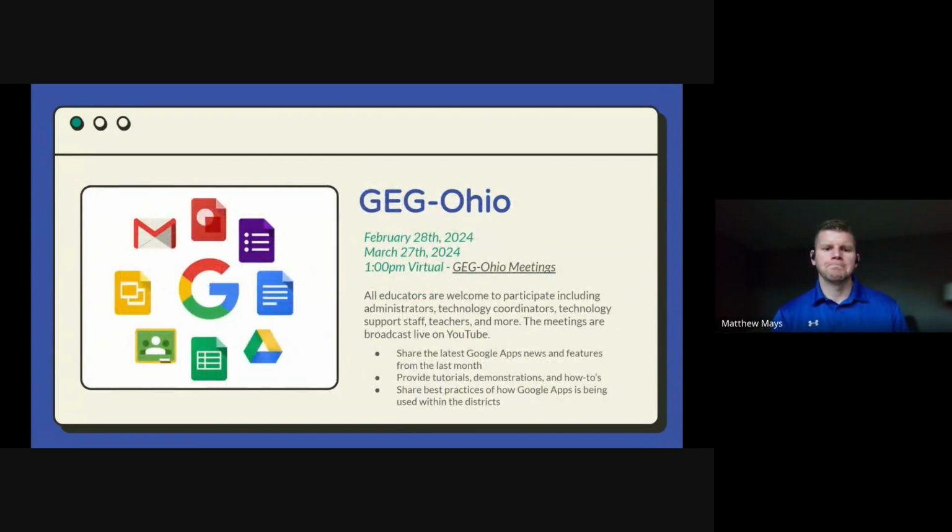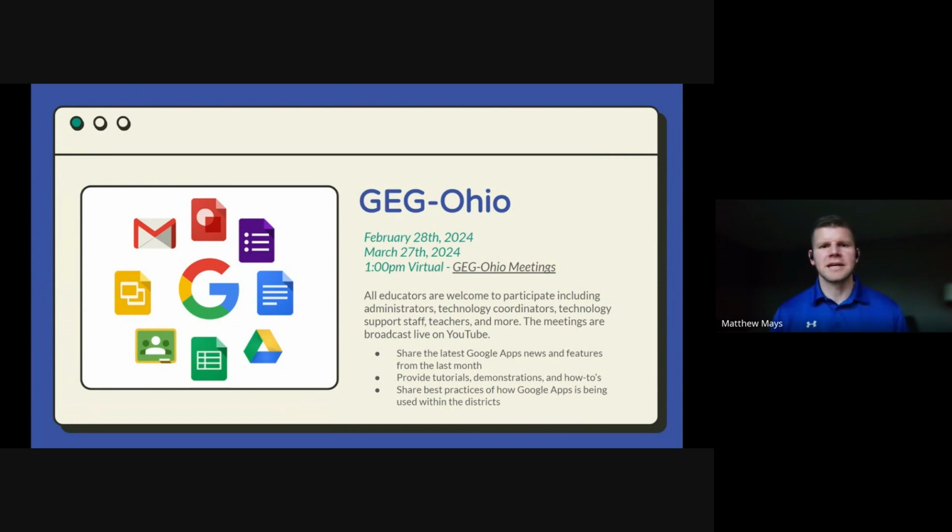Okay. We also have our GEG Ohio meetings. These are led by my good friend Eric Kurtz. The next one coming up is on February 28th. Once again, before we meet again, will be March 27th. Those are 1 p.m. virtual meetings, really robust meetings with tons of great information to share. So definitely check out the website there, the GEG Ohio meetings link that I've given.